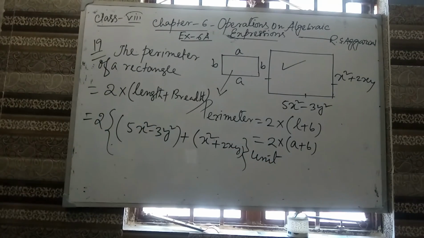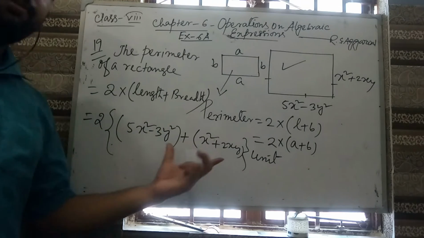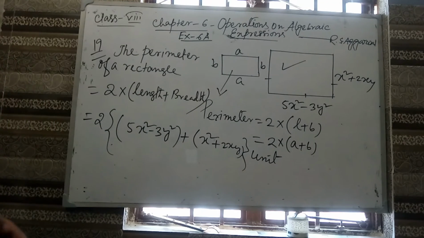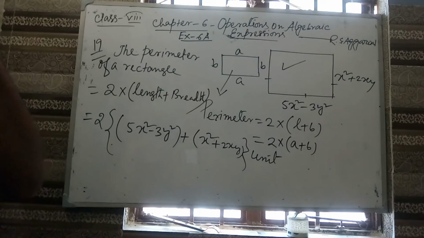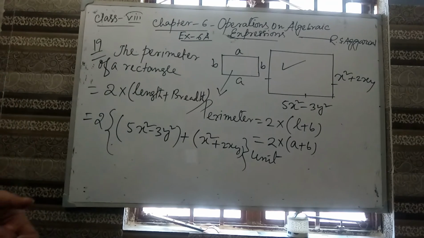Look, no unit is given since these are algebraic expressions. But we all know, if length and breadth are in centimeter, then the perimeter will also be in the same unit, centimeter.